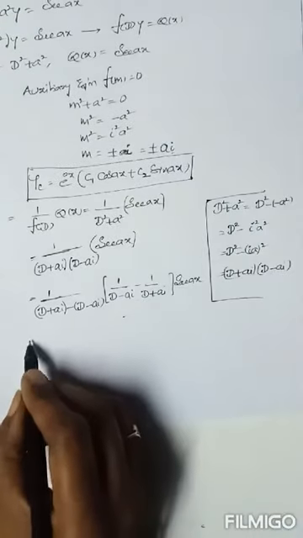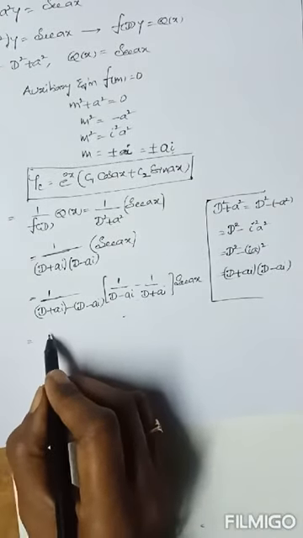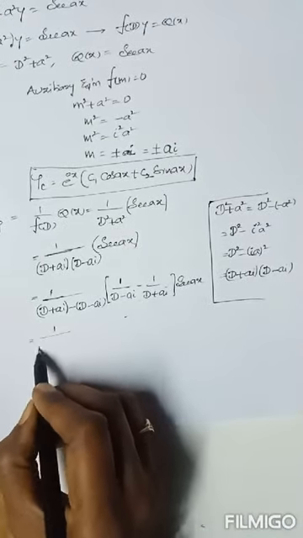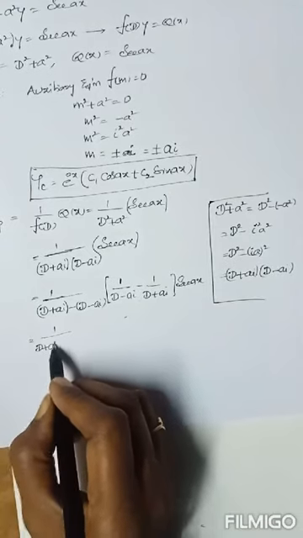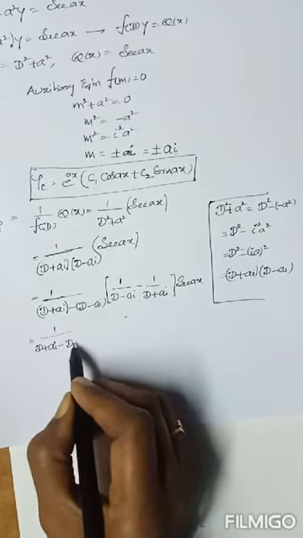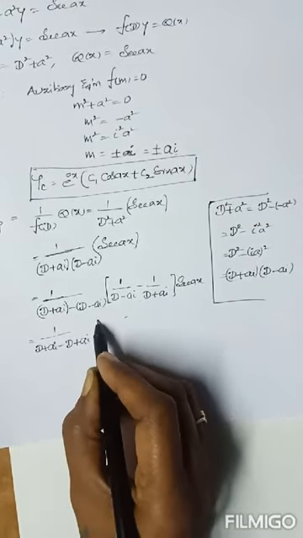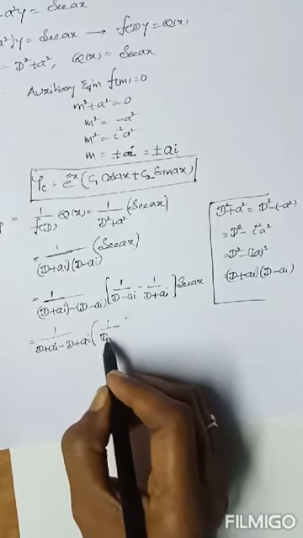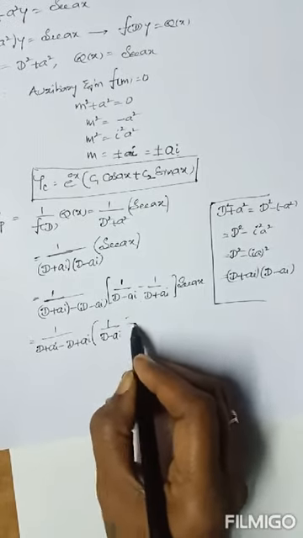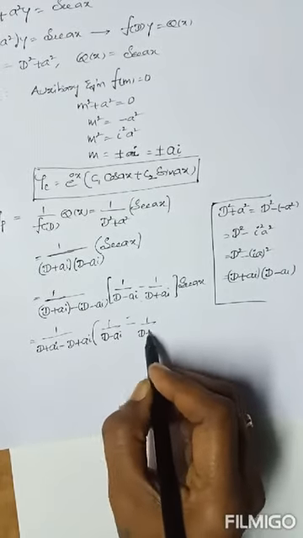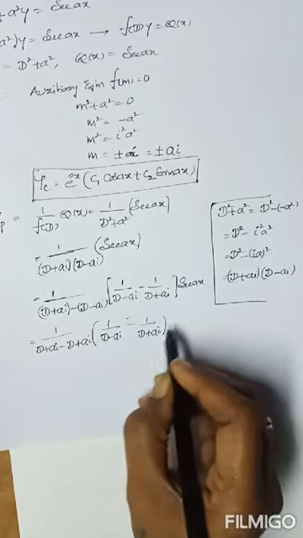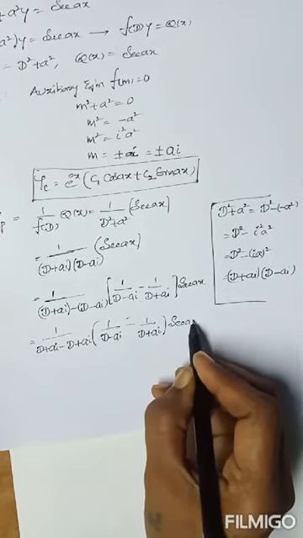After that, simplification. 1 by d plus ai minus d plus ai, 1 by d minus ai, 1 by d plus ai, secant ax.